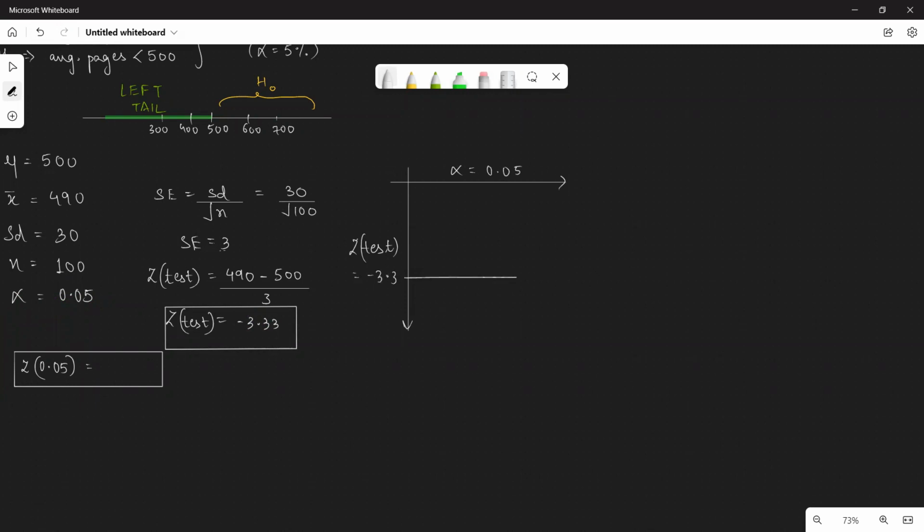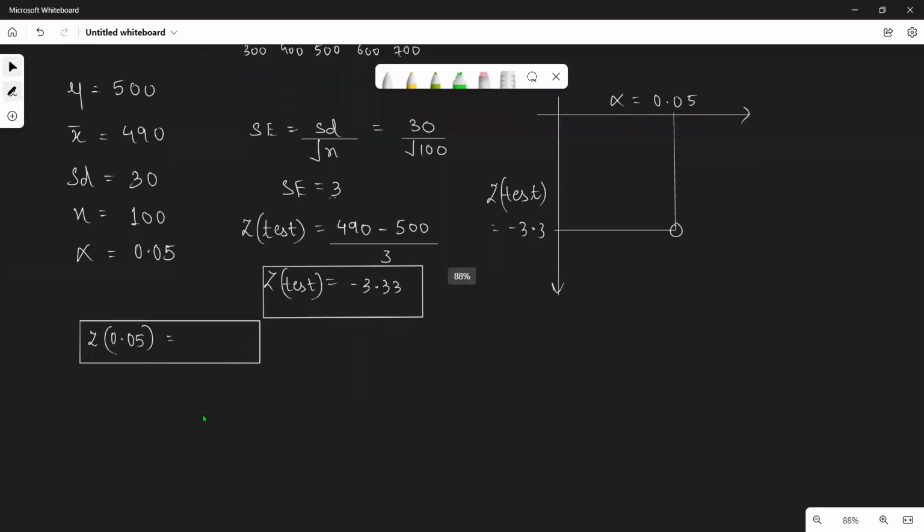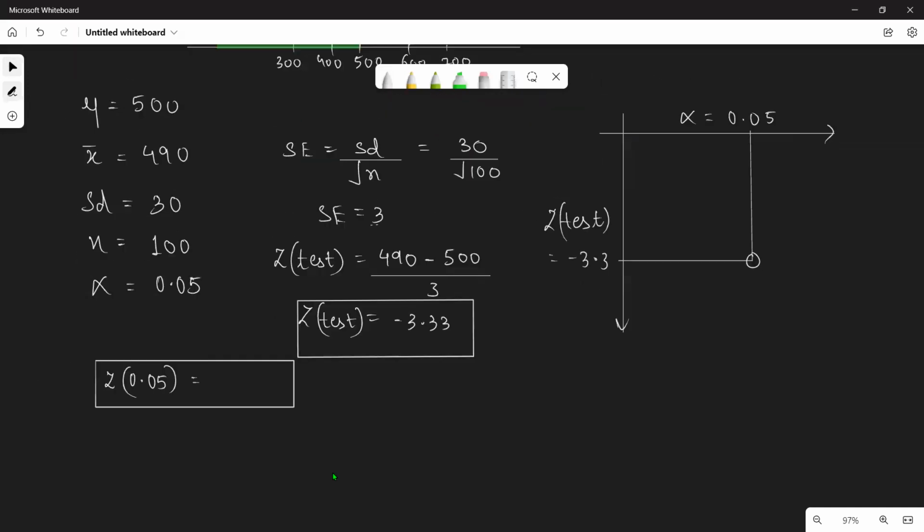Wherever you find the intersection, that becomes your Z value from the table. So for us, from the table, the value which we got is 0.00040.